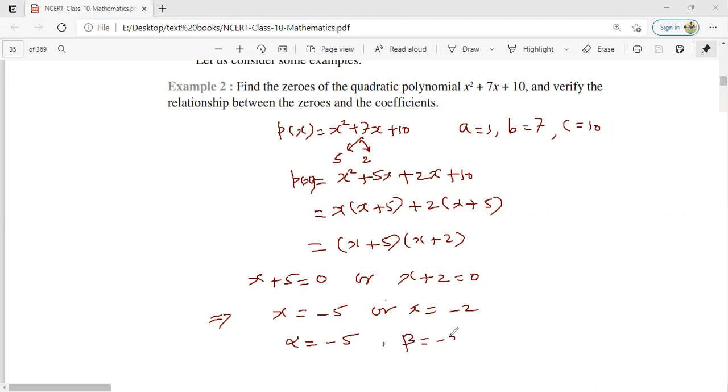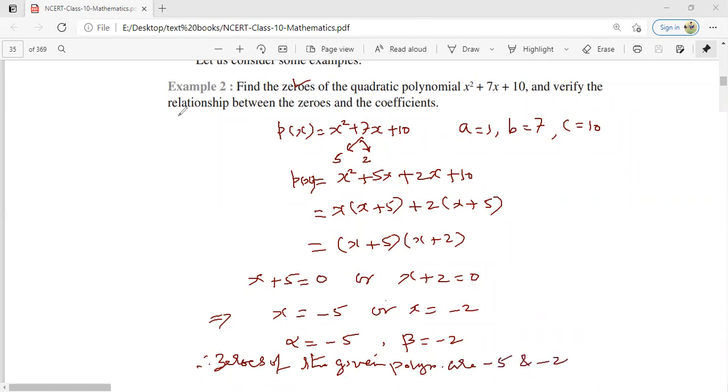Beta will be equal to minus 2. So we got the zeros. The first question was to find the zeros. The zeros of the given polynomial are minus 5 and minus 2.